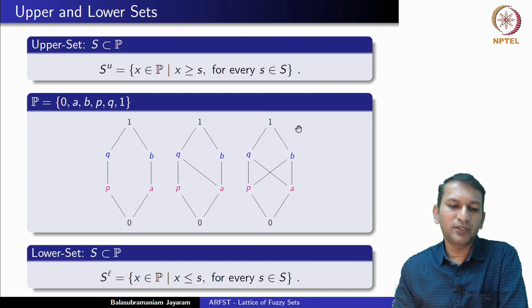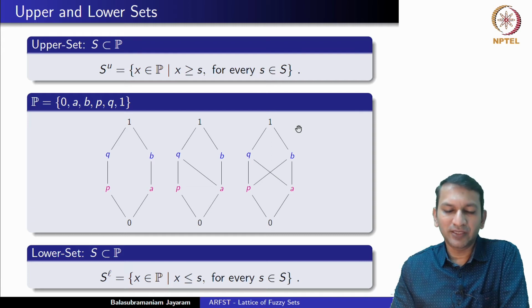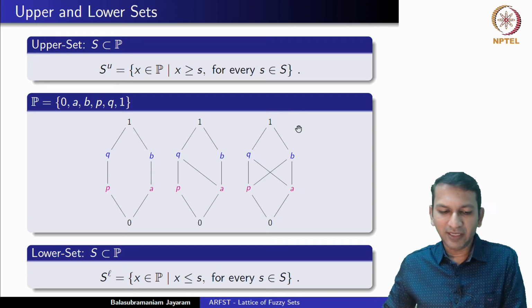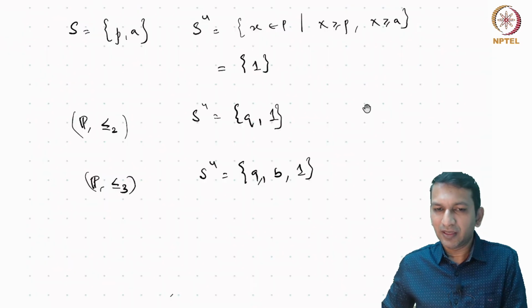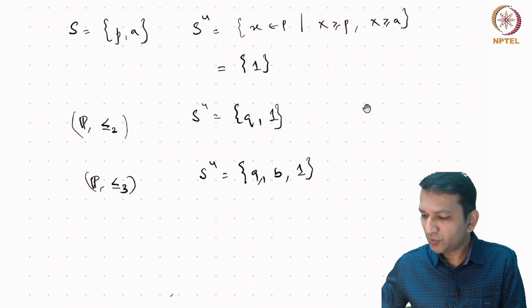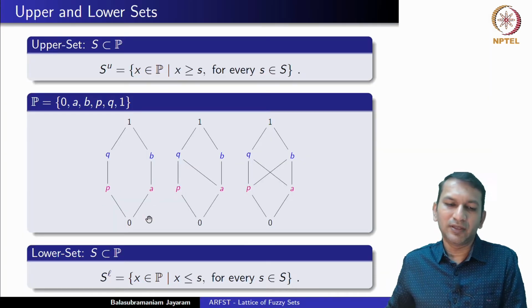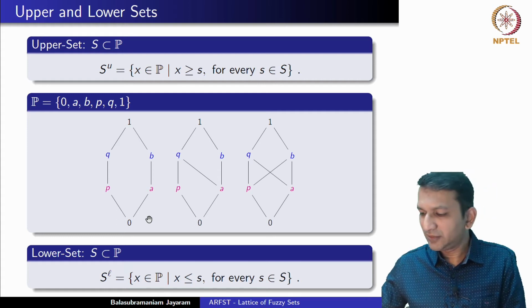Similarly, we can talk about the lower set of S. This is nothing but the set of all lower bounds of the given set S. So if we consider the same set S, then we could also write the corresponding lower set. We see here for the first poset, the only lower bound of P and A is the set {0}.